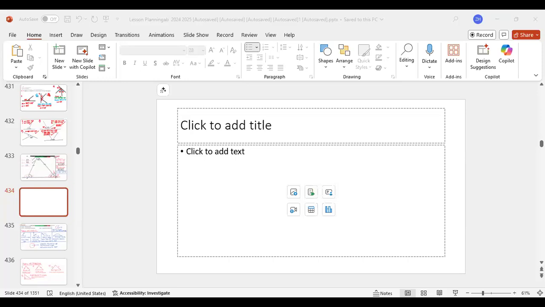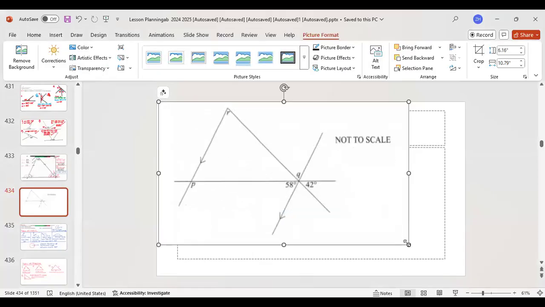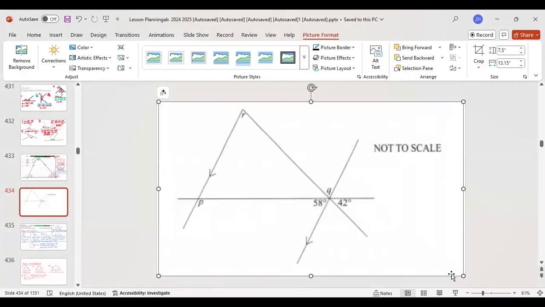Okay, so let's do this one. This one looks nice. Only do the letters that I tell you to do, right? Because some of these we don't know yet. So draw the image, and then I'm going to tell you which letters you work with.